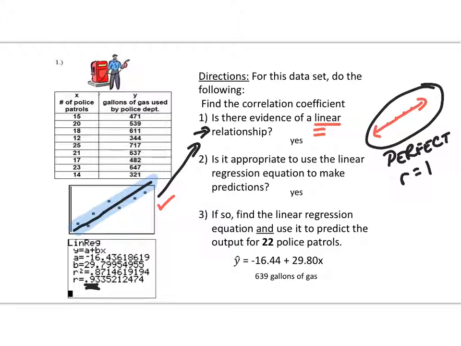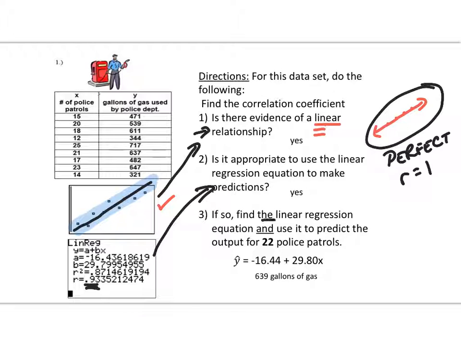If I was in the 70s, C's are still good. All of those things would be reasonably strong. It's when you get into the 60s and the 50s that you go to moderate, so-so. And then when you get into the lower F's, those would be extremely weak or no correlation. So when I ask this question here, is it appropriate to make predictions, I'm looking at r. And yes, since r is relatively high, we would say yes.